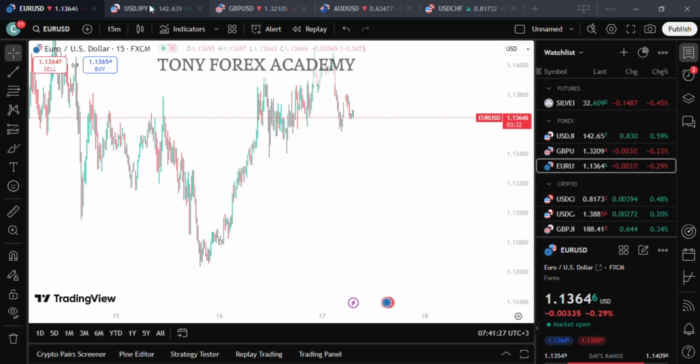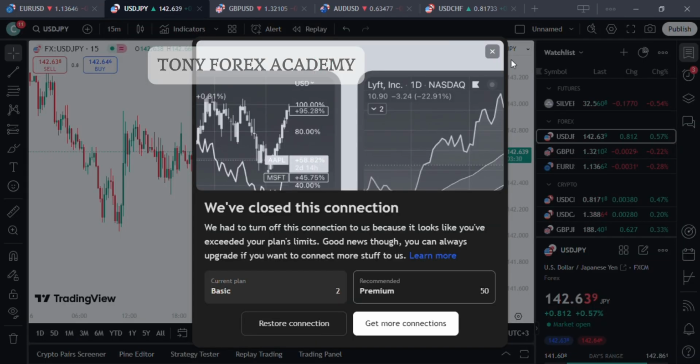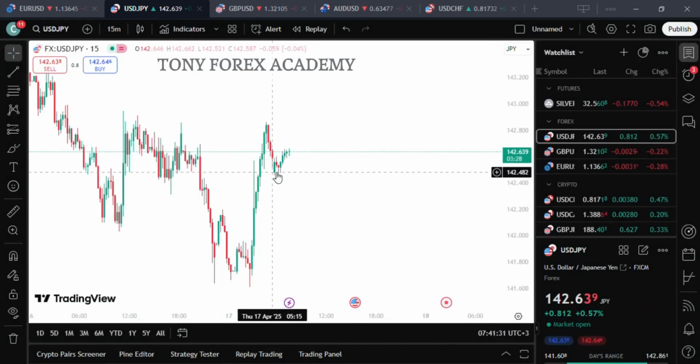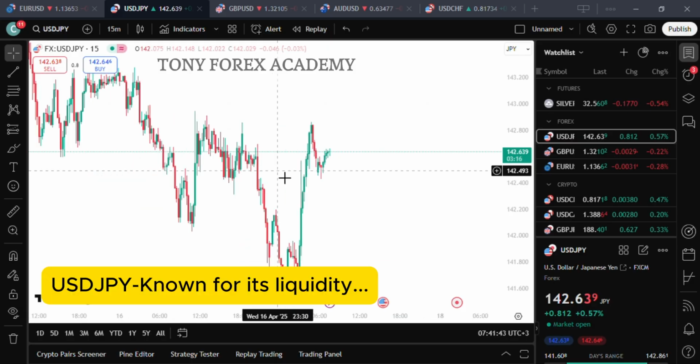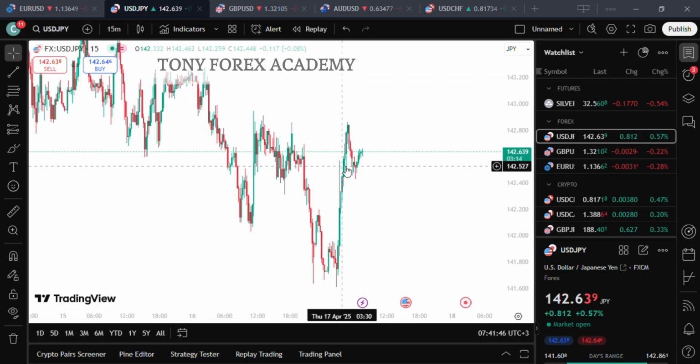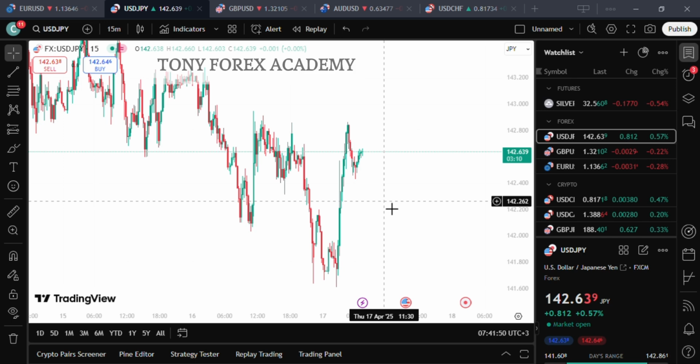Another pair is the US dollar against the Japanese yen, also known for its liquidity. This pair is influenced by various economic news and events from both countries, making it easier for beginners to predict movements. The Japanese yen is known as a safe haven currency. The dollar is also known as a safe haven currency, but not as much as the Japanese yen.